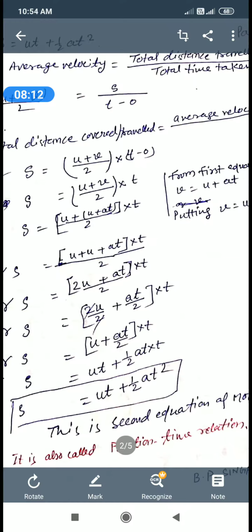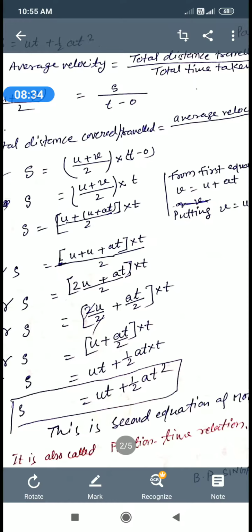Here from the first equation of motion, we have already derived v is equal to u plus at, or v minus u is equal to at, or (v minus u) divided by a is equal to t.